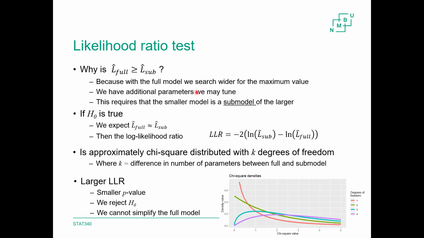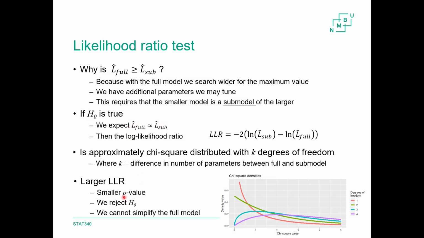It means then the full model gives us a significant improvement in likelihood value, right? So going from the smaller to the bigger model means we find a much bigger mountain. That indicates that the submodel was sort of too simple, right? And we should go for the bigger one.